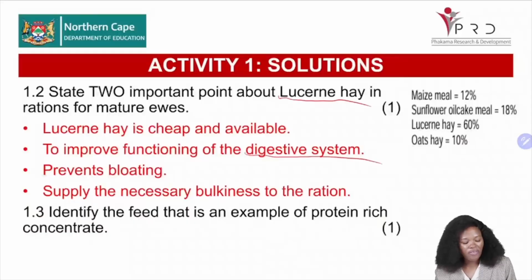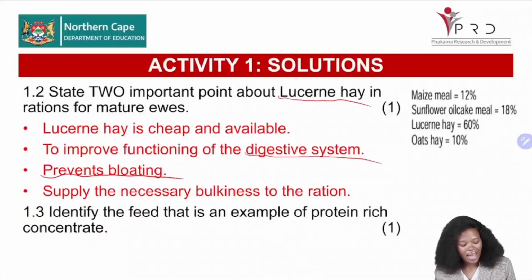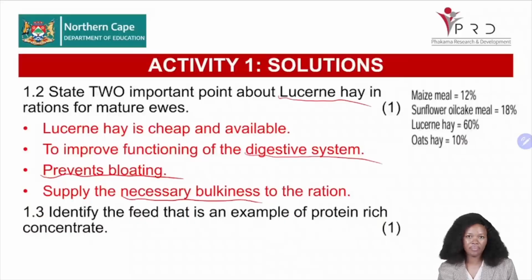Thirdly, it prevents bloating. Another one, it supplies necessary bulkiness. Bulkiness being the high volume. Remember, they have high volume, so they provide bulkiness in the ration. So these are your answers.